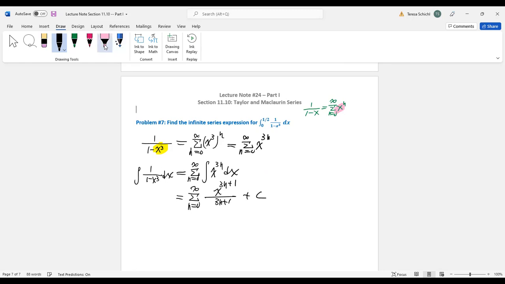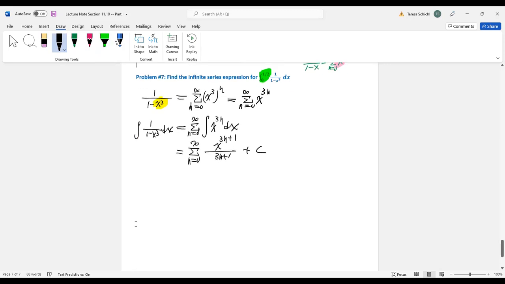Because we have boundaries here, I need to put the boundaries in. The boundaries will be 0 to 1/2 of 1 over 1 minus x cubed dx.